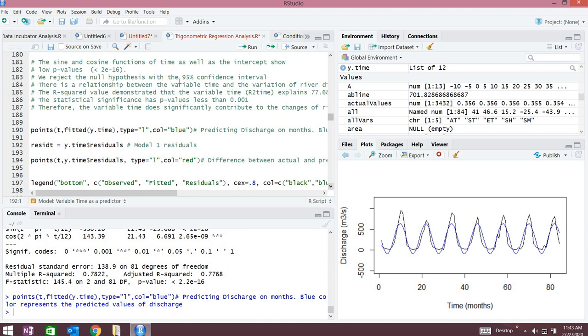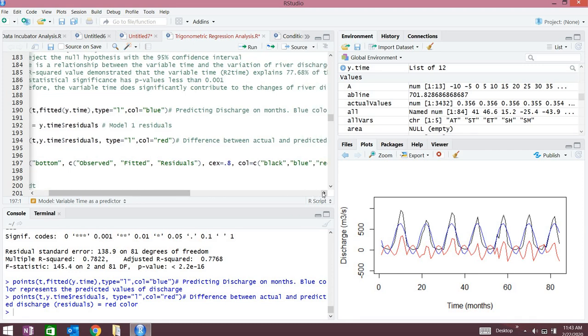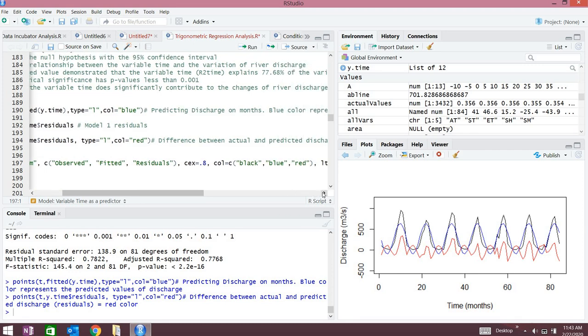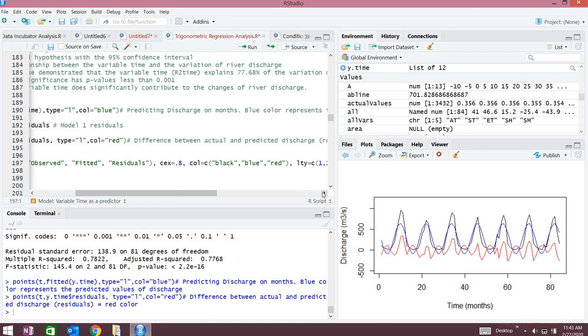And then we plot the residuals, points t, y.time dollar residuals, type L, color red. So that's the difference between actual and predicted. And then legend, you put it at the bottom, you put a vector: observed, fitted, and residuals, and a col vector for black, blue, and red for observed.